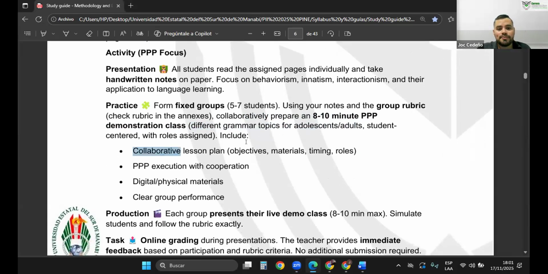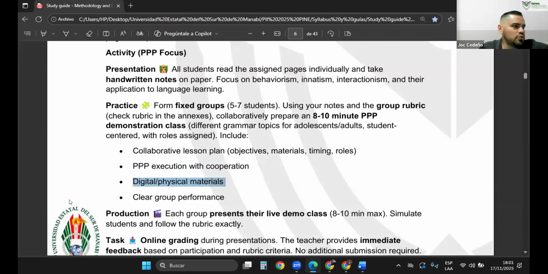Include a lesson plan. Do you remember how to create a lesson plan? You should have seen this in Praxis, I think, or maybe curriculum. So you need to create a lesson plan. Then you need to focus on the PPP execution with cooperation. You have to create digital or physical materials.